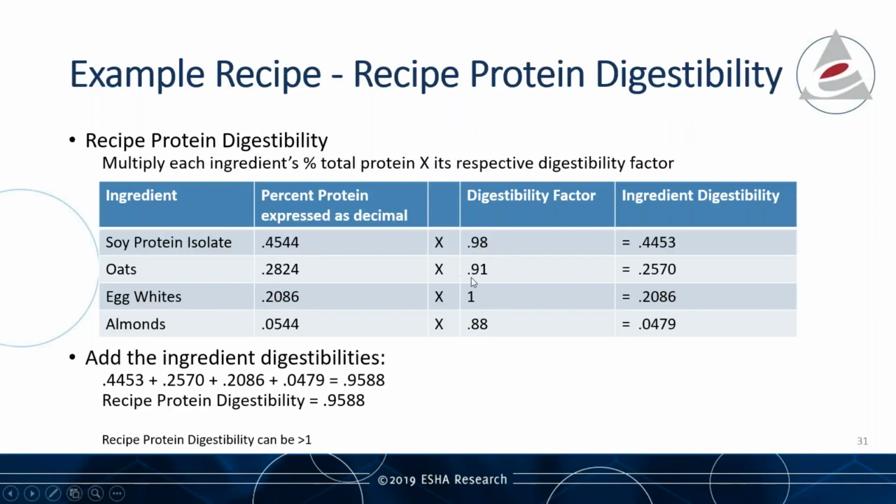Multiply that by the rolled oats digestibility factor, gives me the ingredient digestibility for that, and so on. So I get those totals, I add these together, and I come up with my recipe protein digestibility. So that's one of the numbers I need for calculating PDCAAS. And here, with recipe protein digestibility, it is possible to have a value that is greater than 1.